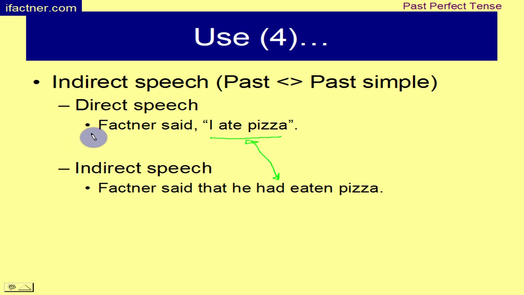For example, Fechner said, "I ate pizza." To change it into an indirect speech, we would say Fechner said that he had eaten pizza. So past simple is also changed into past perfect tense.